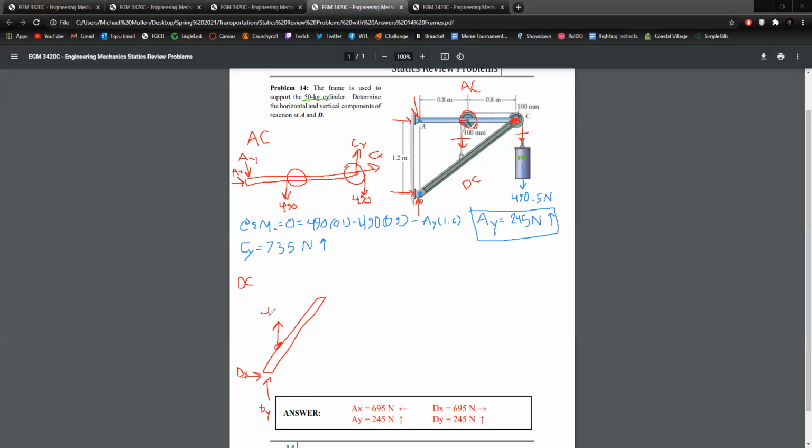This is also going to be 490. And then we move up to the end, we have Cx, and our known Cy as 735, except now that we're on the other side of the pin, our Cy is going to go down.